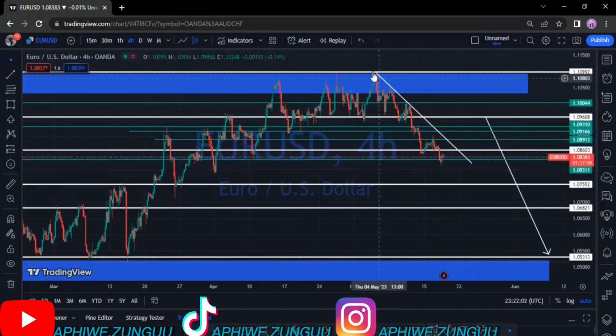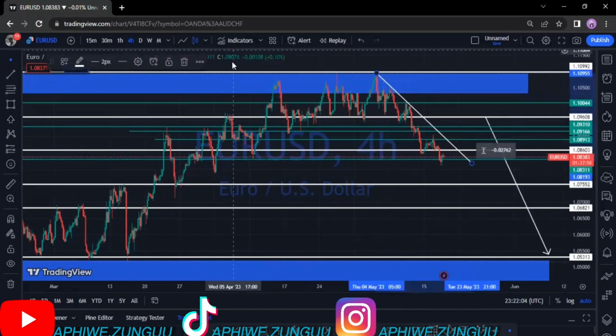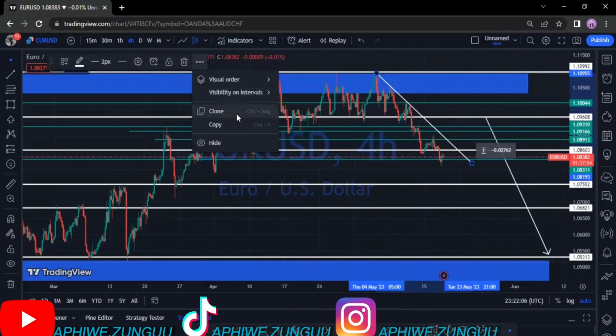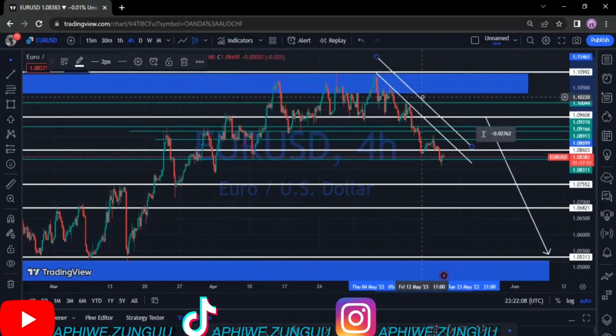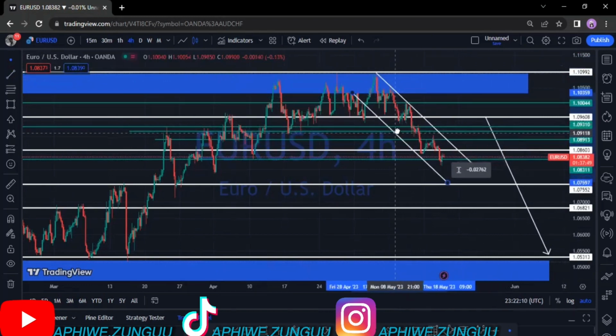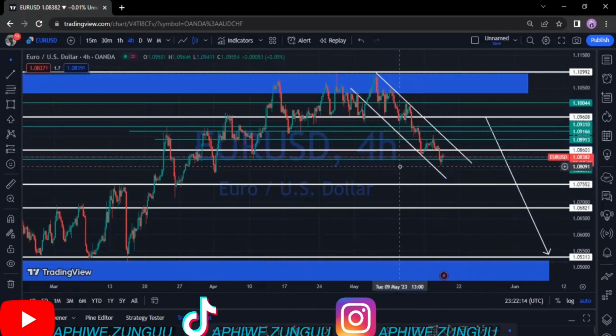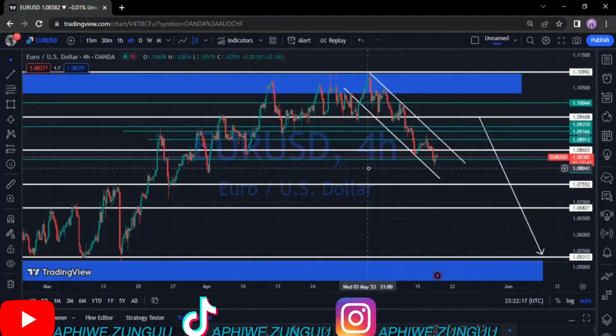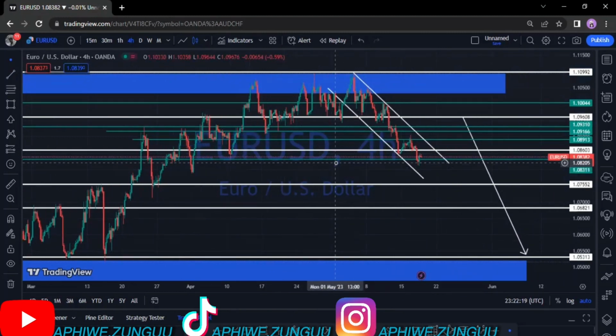In a bullish trend the market creates higher highs and higher lows, and in a bearish trend, lower highs and lower lows. It's very simple, very clear. Everybody can see that we're in a bearish trend.